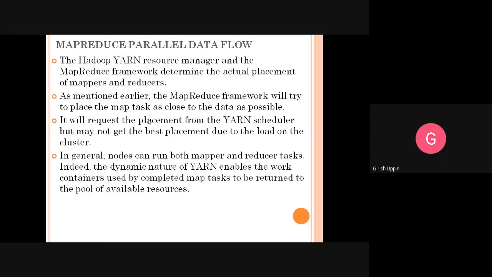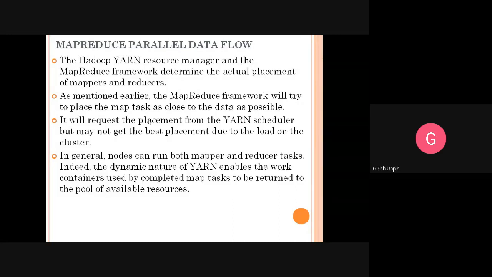The Hadoop YARN Resource Manager and the MapReduce framework determine the actual placement of mappers and reducers. So the Hadoop YARN Resource Manager and the MapReduce framework will decide where the mappers and reducers are placed.